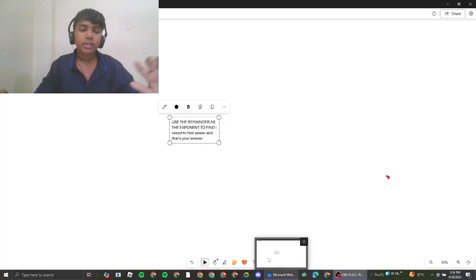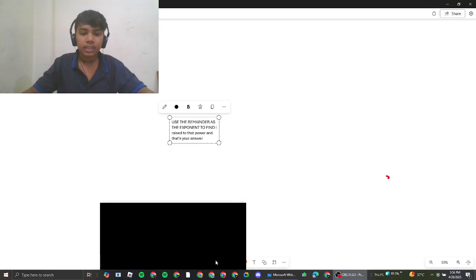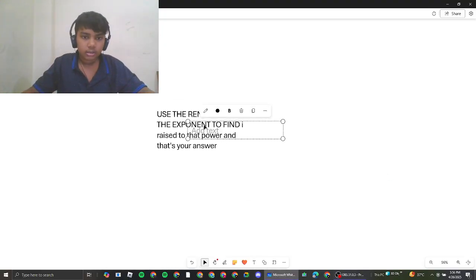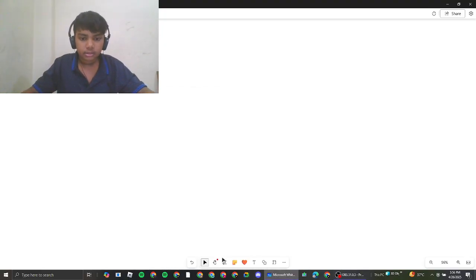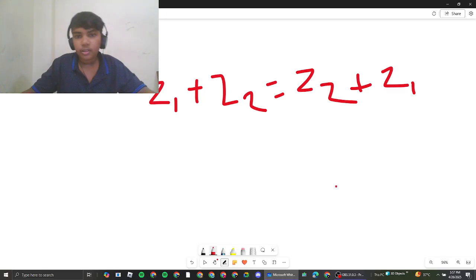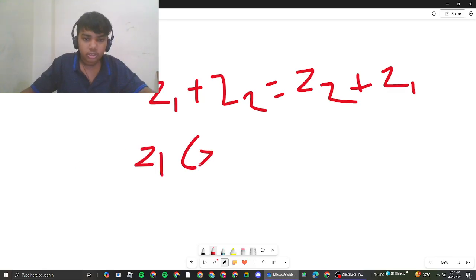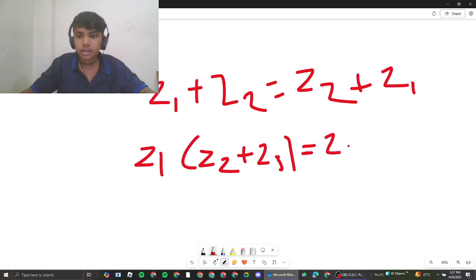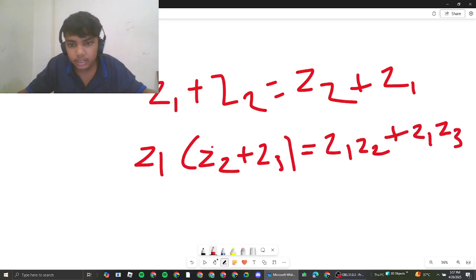All the properties hold like real numbers. Same goes for subtraction, where these are all complex numbers.